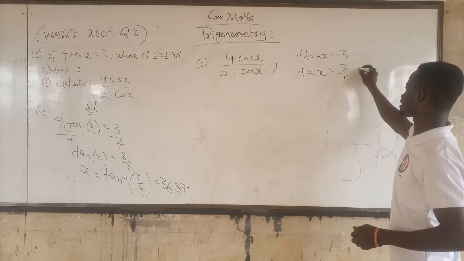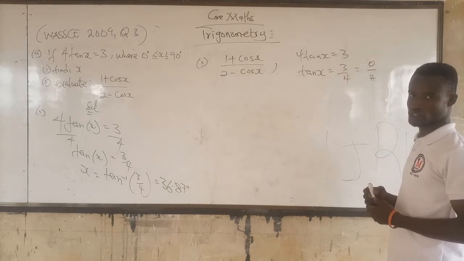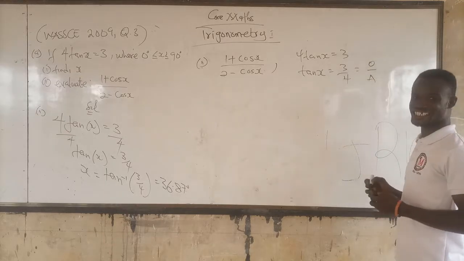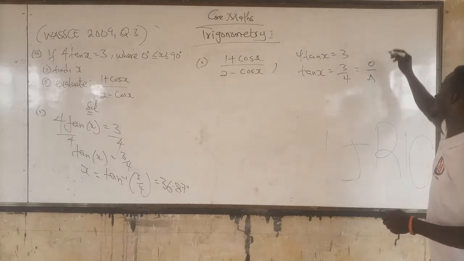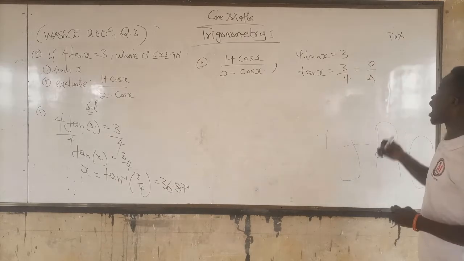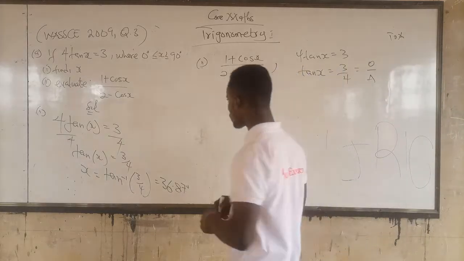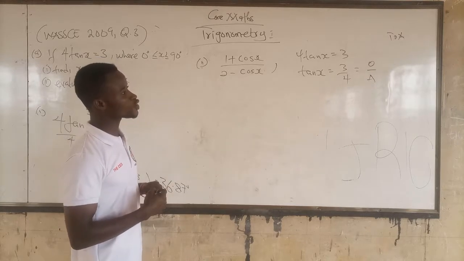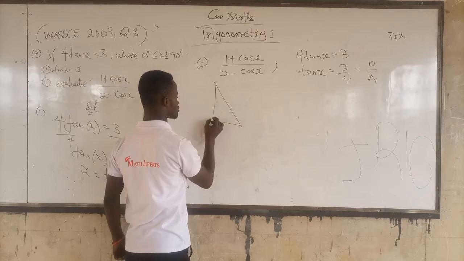And you know that tan is opposite over the adjacent. So for all that we know, tan theta is opposite over the adjacent. So you show your diagram like this.